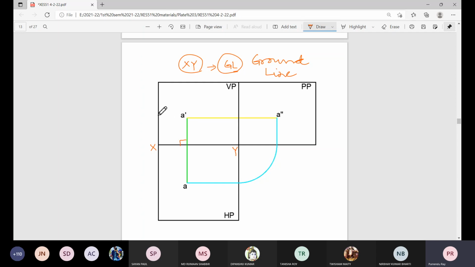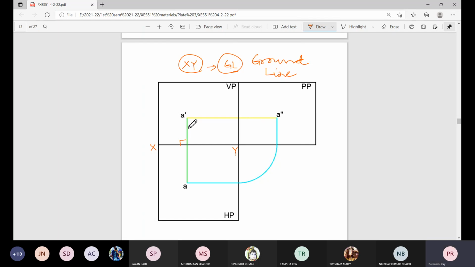Now finally, the boundary of these cardboards will not be there. Only the line of intersection between VP and HP will be there. The line of intersection between the vertical plane and the pictorial plane will be there, and this XY line or ground line will be extended to accommodate this side view, and this line also will be extended as a single axis from the line of intersection between VP and PP. Okay.